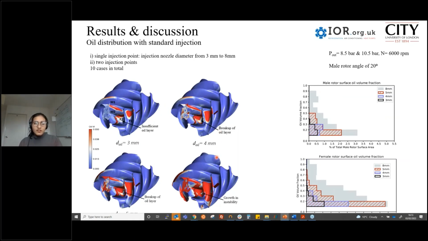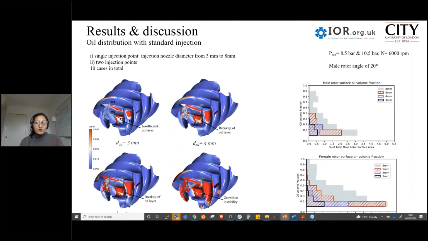When oil is being injected on the female rotor side, the oil volume fraction, that is the region in red, covers a whole lot of the female rotor surface, and that remains the same for various oil injection diameters. For 8 mm, you see a whole lot of rotor surface is being covered by oil.